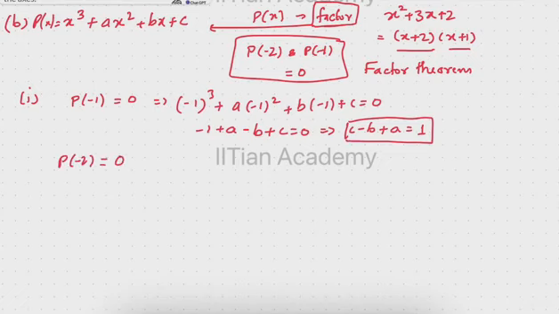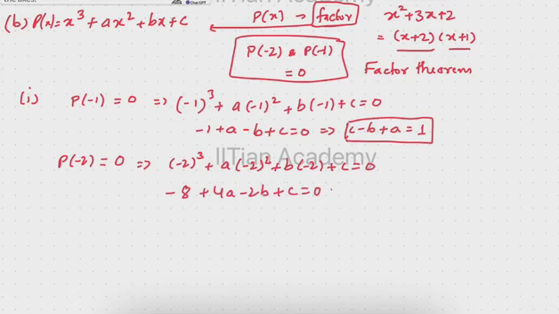We can also say P(-2) is 0, because x plus 2 is a factor. So putting in minus 2: (-2) cube plus a into (-2) square plus b into (-2) plus c equals 0. This is minus 8 plus 4a minus 2b plus c equals 0, or 4a minus 2b plus c equals 8.